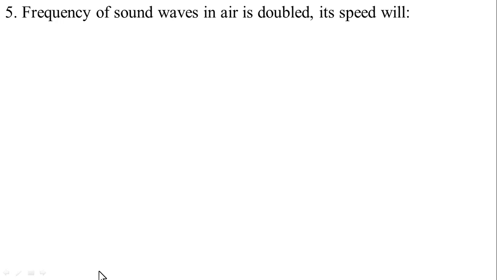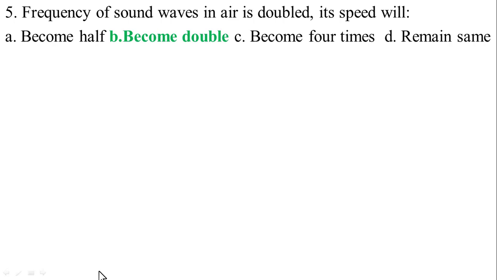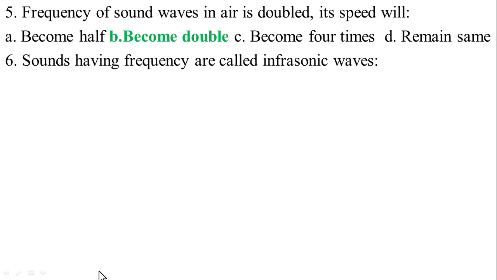Now in the fifth MCQ: if the frequency of a sound wave in air is doubled, its speed will be? Now we know that if the frequency is doubled, then the speed will also double because v is equal to f lambda. Now in the next part: sound having frequency below this is called infrasonic waves.